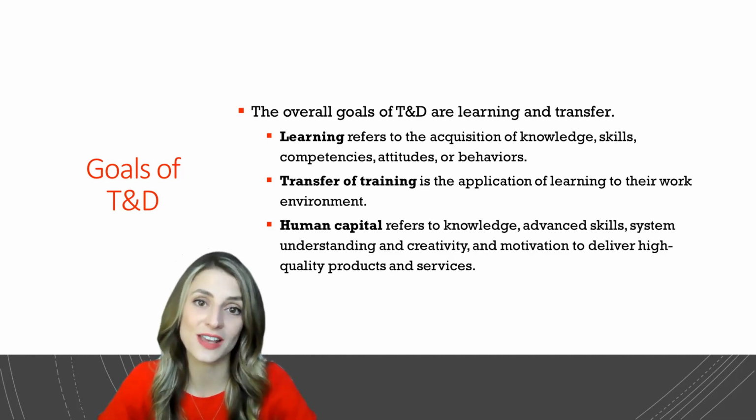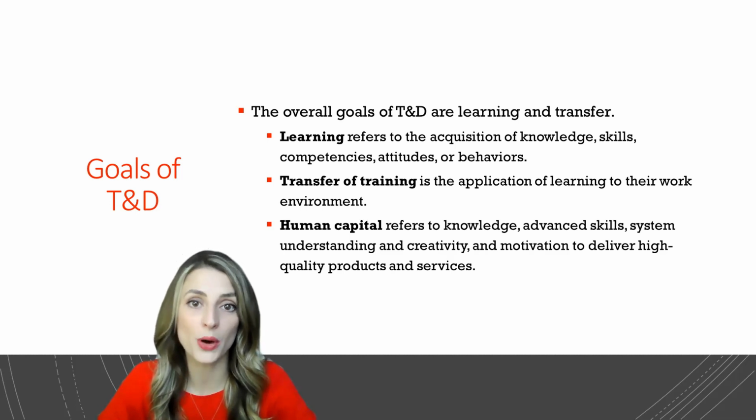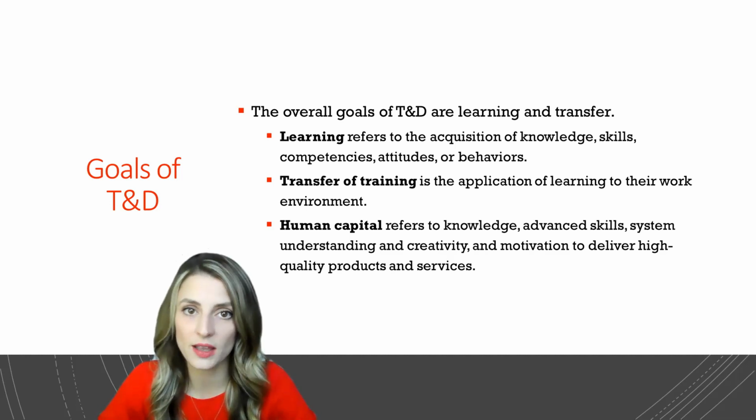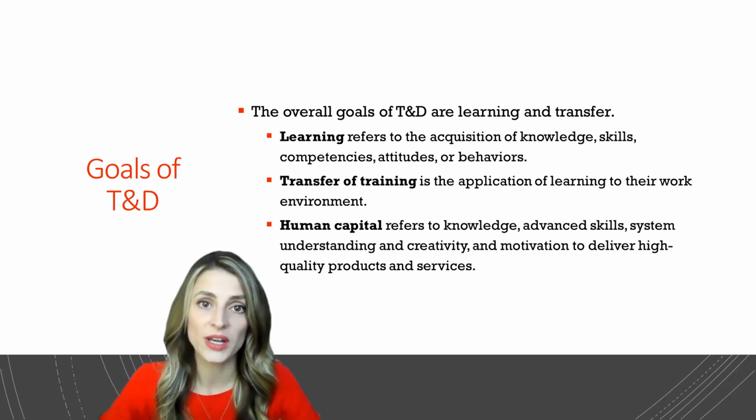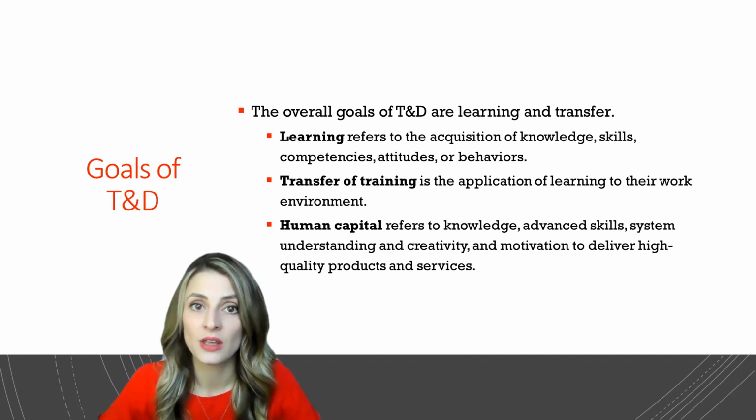The organization is investing its resources into its employees in the hopes that both the individual and the company will benefit from the training. Transfer of training refers to applying new information to the job. When employees learn and transfer training, companies are able to build their human capital. Human capital is an example of an intangible asset.